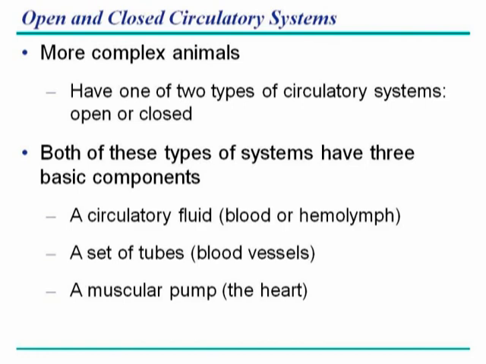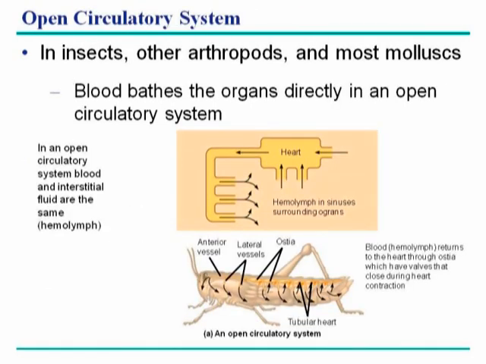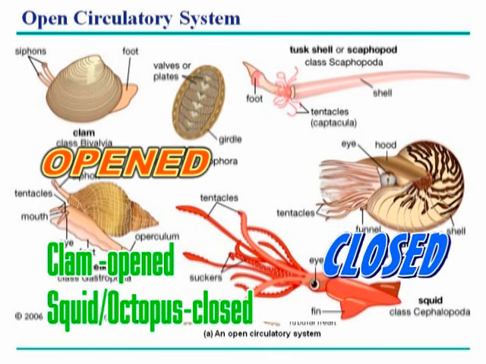This slide, open circulatory system. It is found in insects, other arthropods, and most mollusks, except squid and octopus. You know, a mollusk is an animal that has a soft body, and can be divided into clam, squid, and octopus.